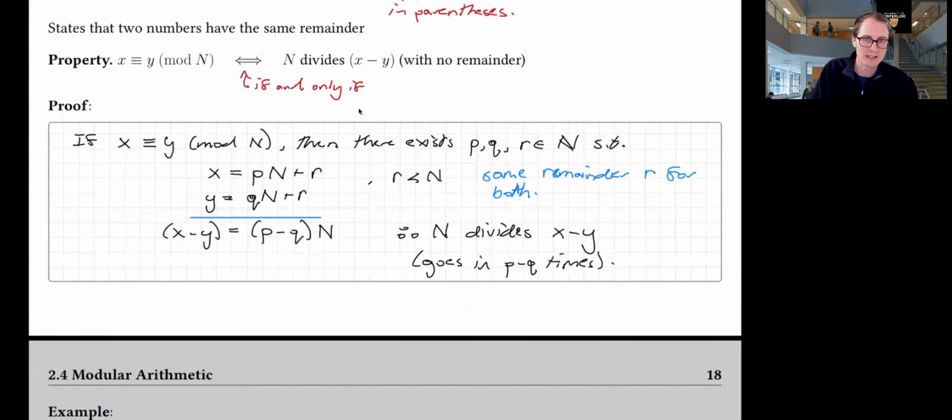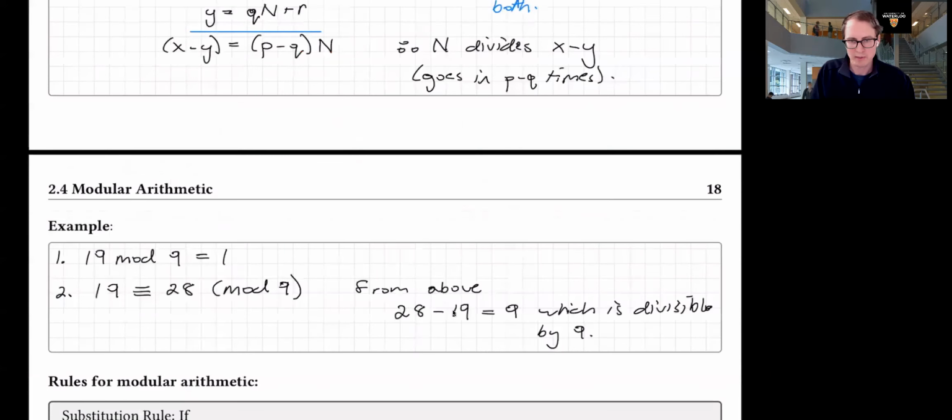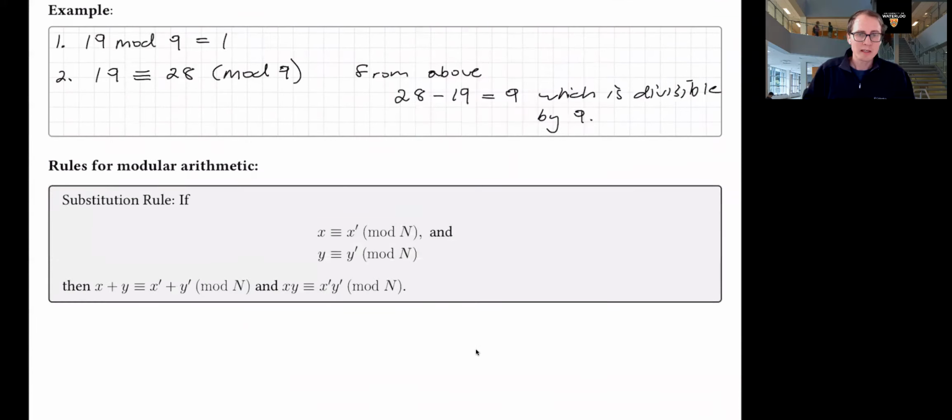Right? And that's this statement here. N divides x minus y. Here, x minus y is 28 minus 19, and n divides it. It goes in exactly 1 time in this case. Okay. Let me give you one more rule, and then we'll end this lecture.